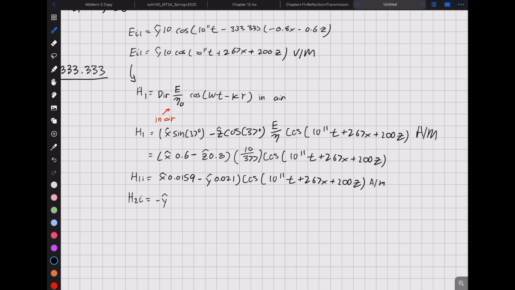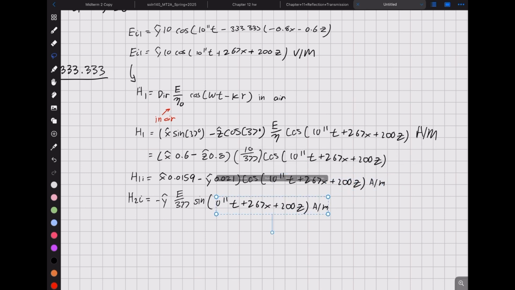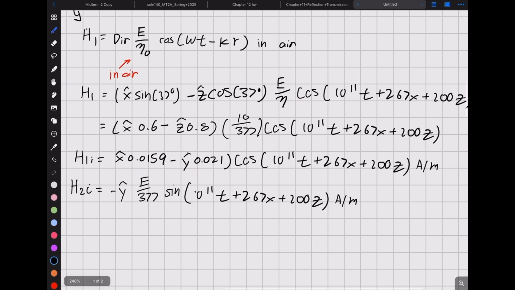And then we're going to have this 10 up here. It's going to be pretty much the same thing. So we're going to have E over 377. That's going to be sine. Again, they're in phase. So these problems are easy once you get the hang of it.